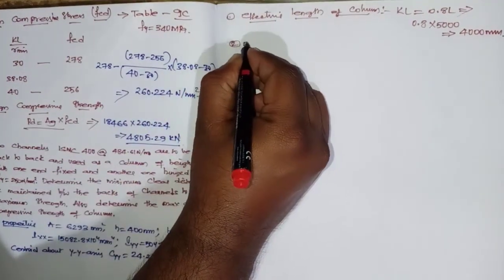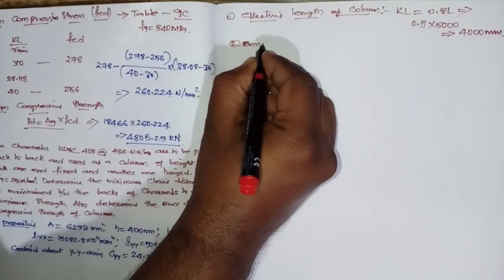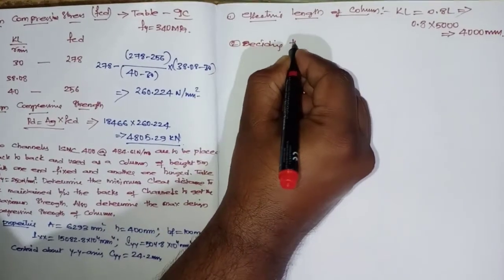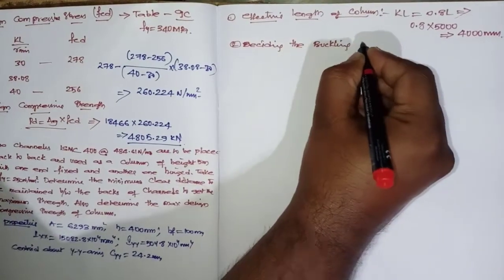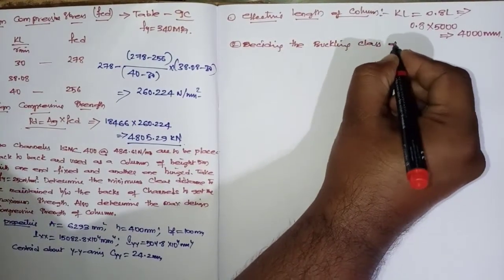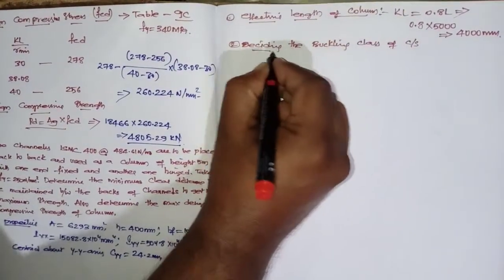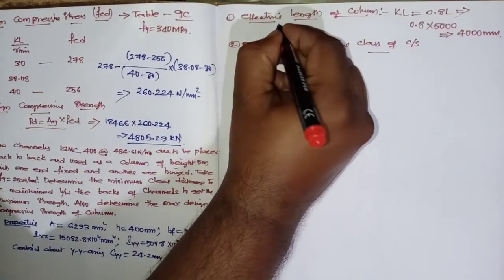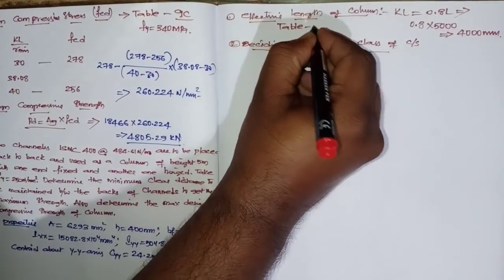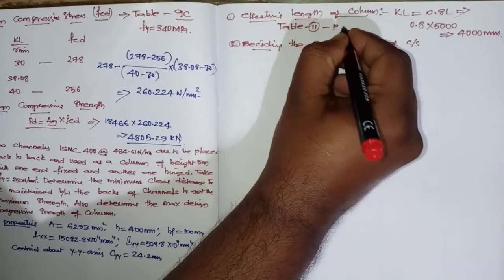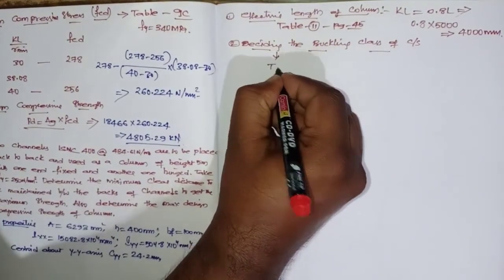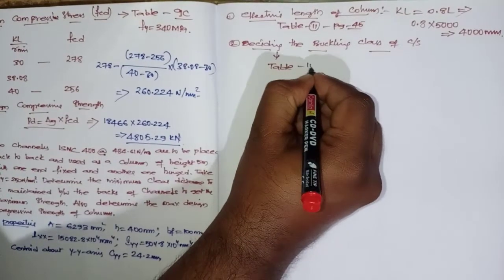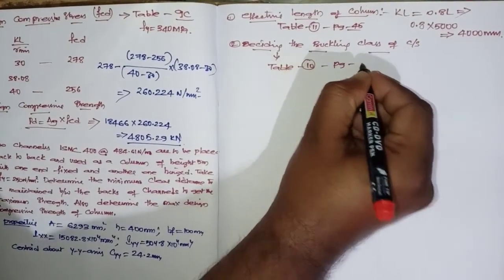Second one is deciding the buckling class of cross section. Okay, so again this is as per table 11, page 45, and this is as per table 10, page 44.